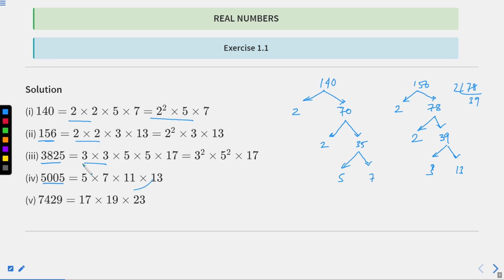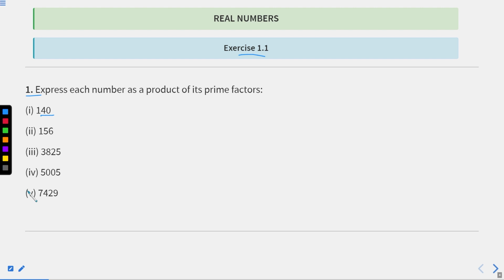This is the prime factorization of 5005. Next we have 7429, which is the product of 17, 19 and 23. So here we expressed each number as a product of its prime factors.